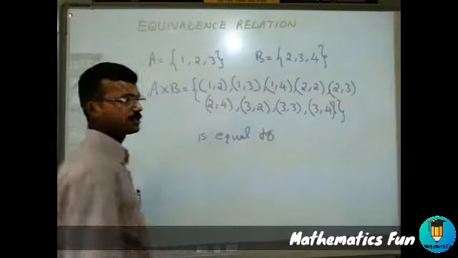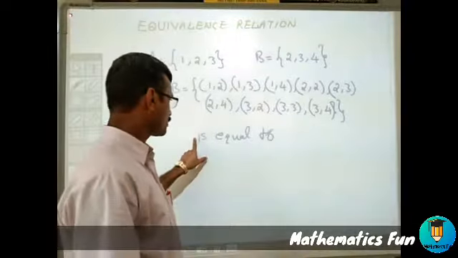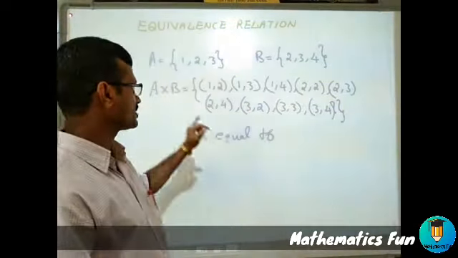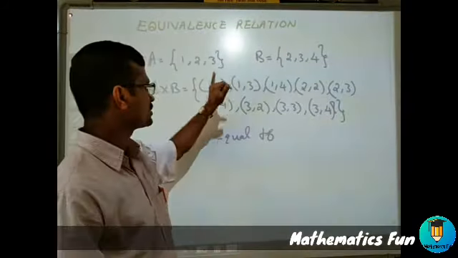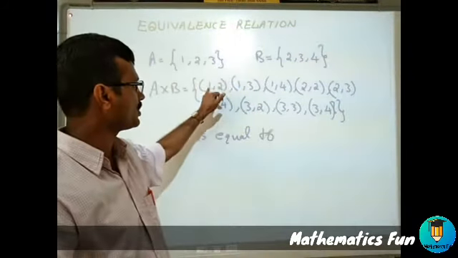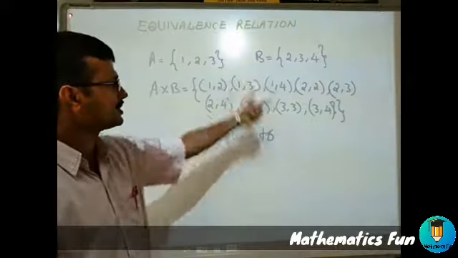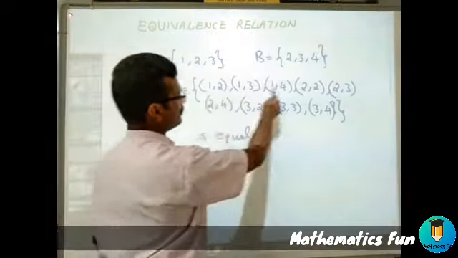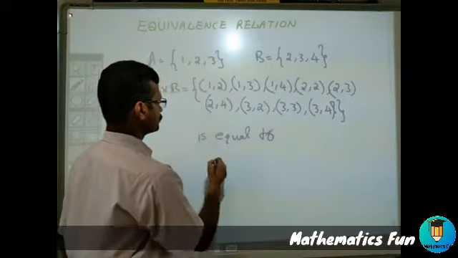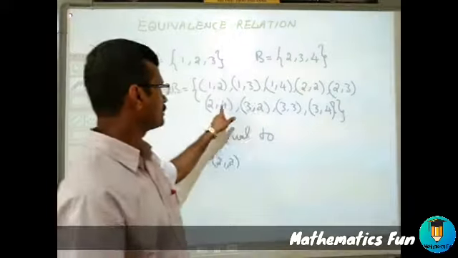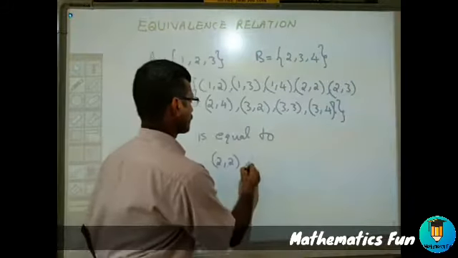Is equal to means the first component is equal to the second component. That means we can say x coordinate is equal to y coordinate, x component is equal to y component. Such a type of elements I am going to pick up from this. So if you look at here, first of all you can see that (2, 2) is there. Again if you come to the same time, (3, 3).